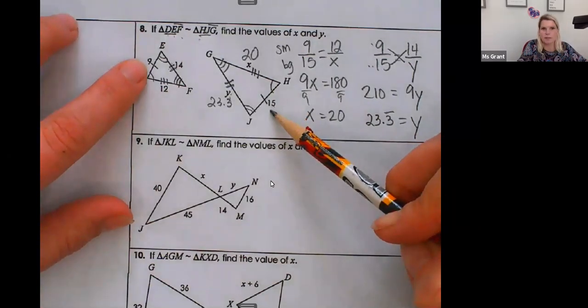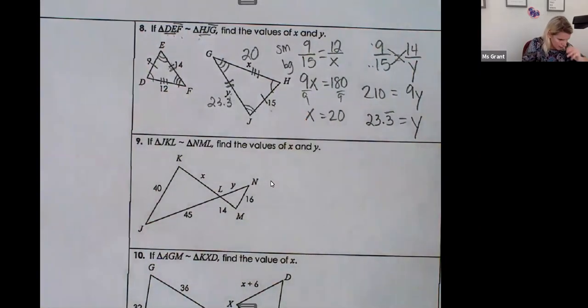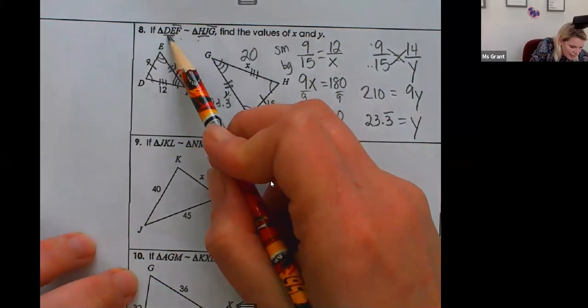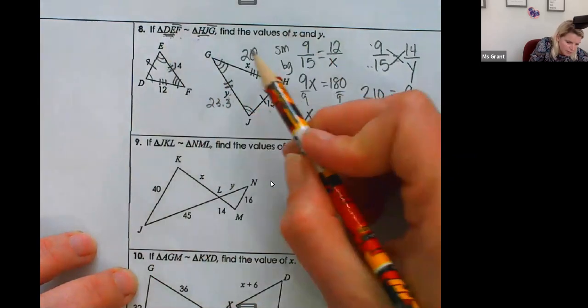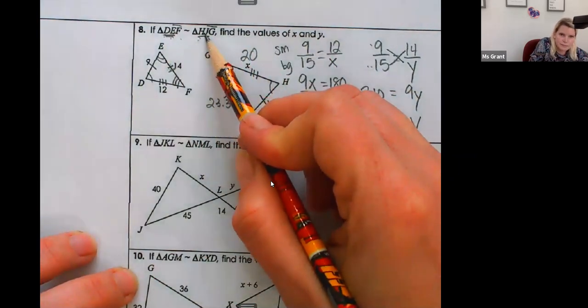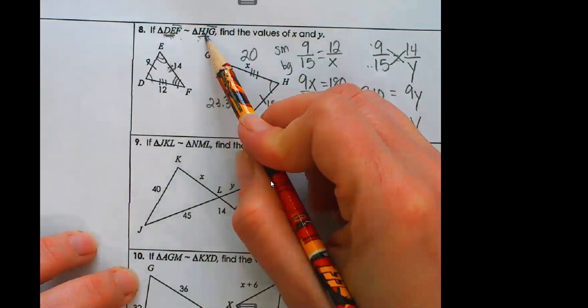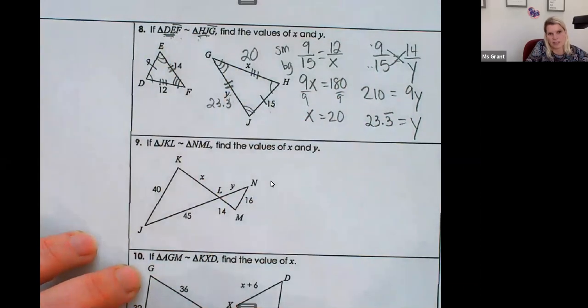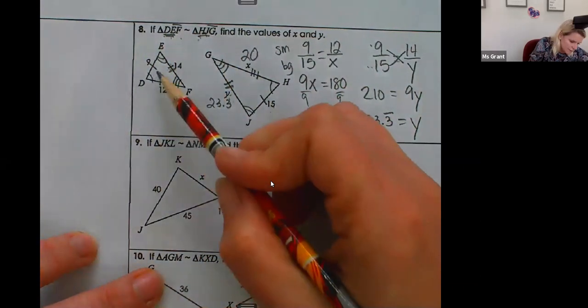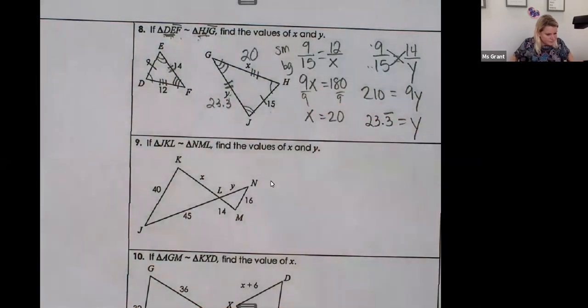I knew that they were similar because I saw that side DE, in order, first letter, second letter, matches up with first letter, second letter in my other triangle. So I'm looking at how it's written in the information that I'm given. So DE was the same as HJ, and 9 over 15 is what I used because that's the only complete sides that I was given.